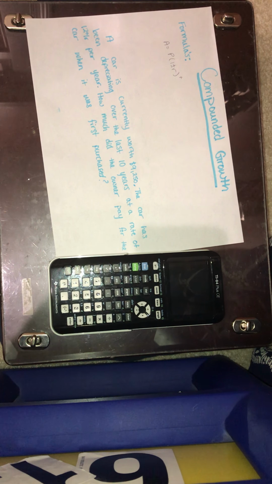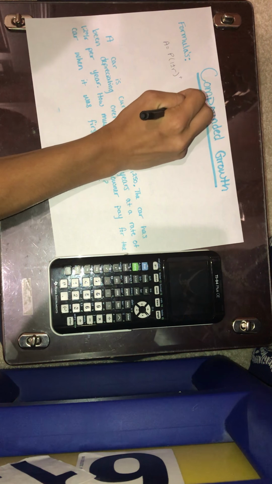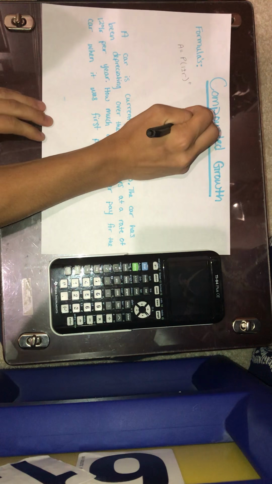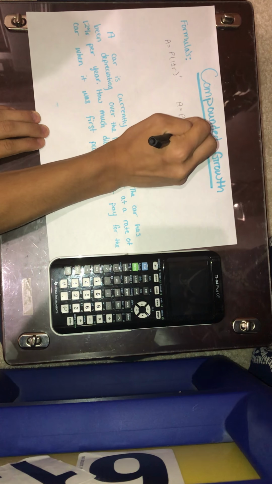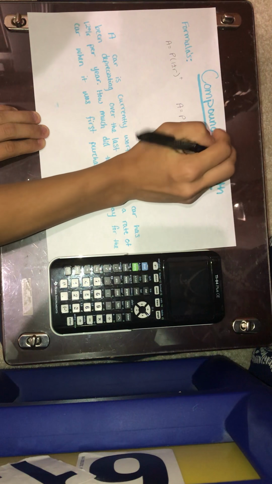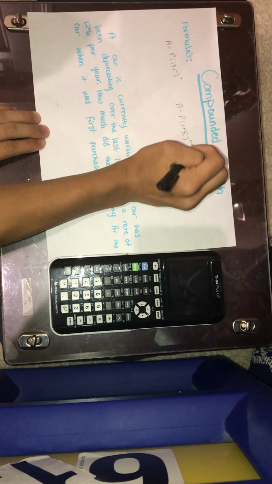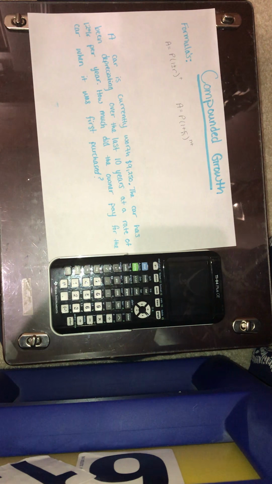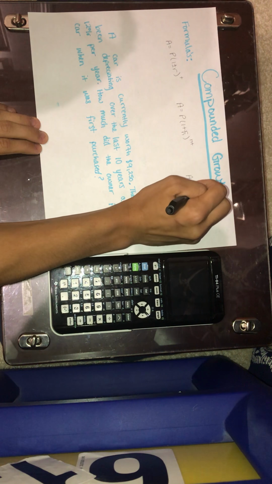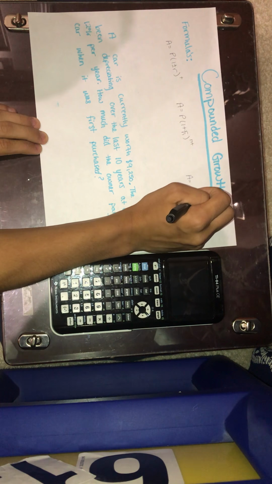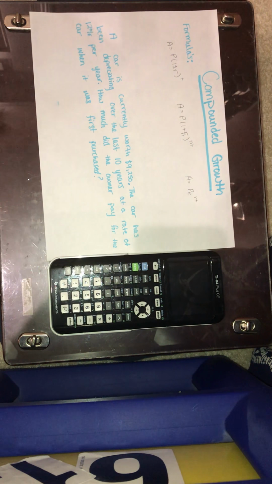The second equation is A equals P(1 plus or minus r/n)^(n times t). And the third equation is A equals Pe^(rt), also known as PERT.